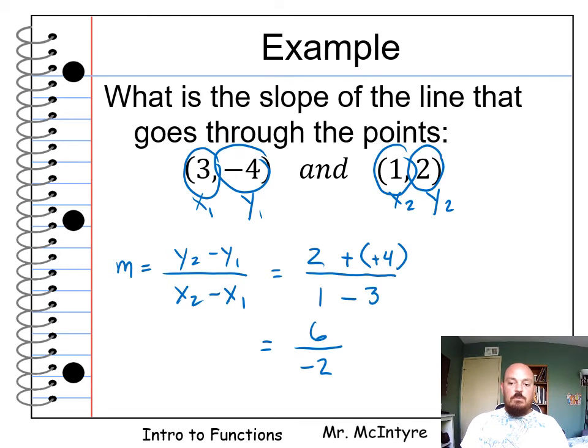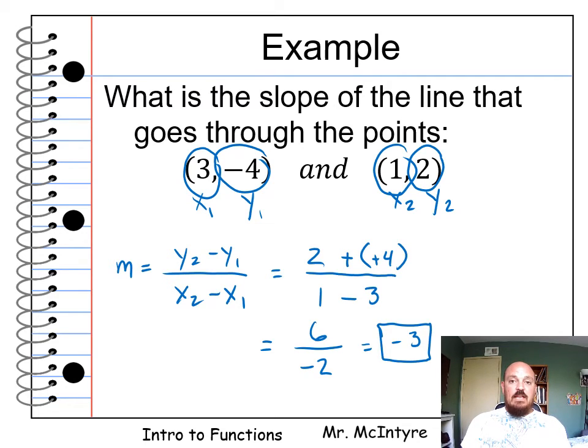It's negative because remember, you're subtracting a bigger number from a smaller number. And 6 divided by negative 2 equals negative 3. And that's our slope again, just like our first example. It took a little bit more work this time. We didn't just see it from the equation, we had to figure it out. But that's an example of how the slope formula works. y2 minus y1 over x2 minus x1 will always get you the slope of the line.